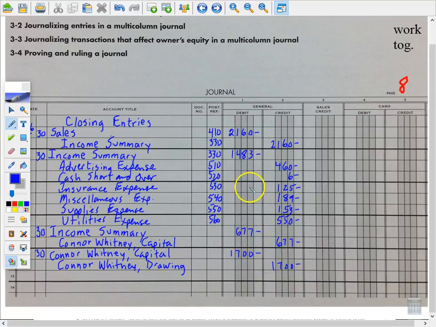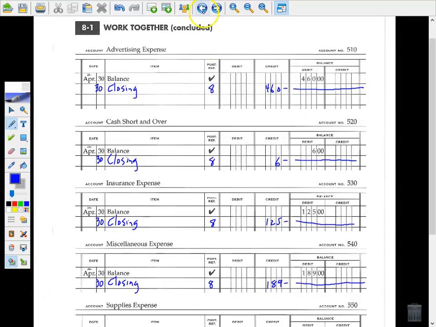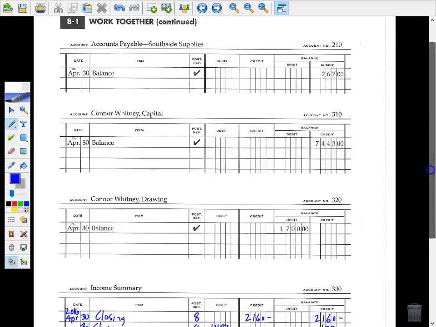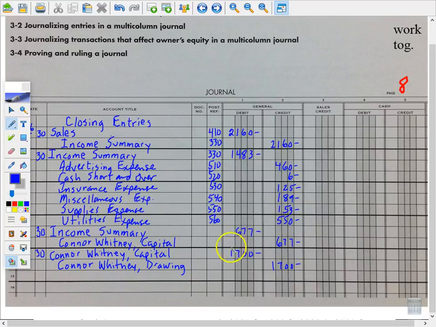Okay, now income summary gets debited for 677. And this should effectively zero it out. It had a credit balance previously. We come in with the debit for the same amount, and it's 0. 330 is the account number.